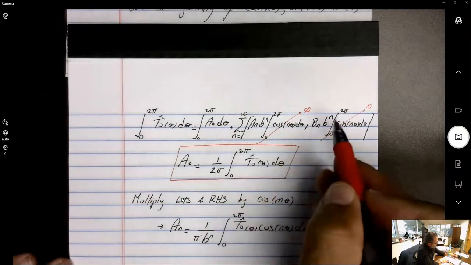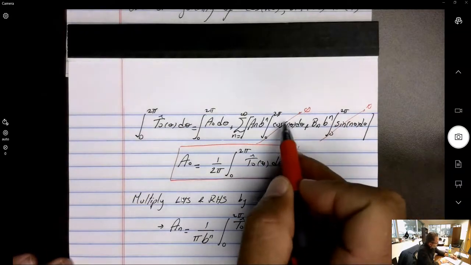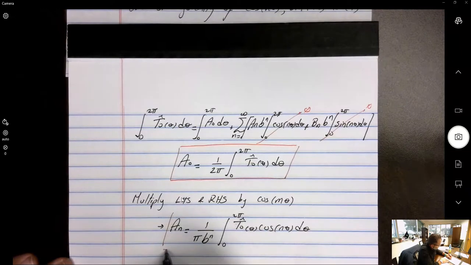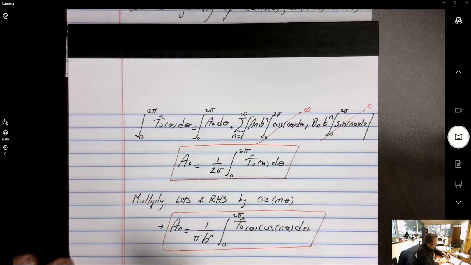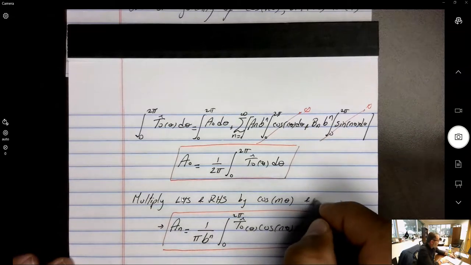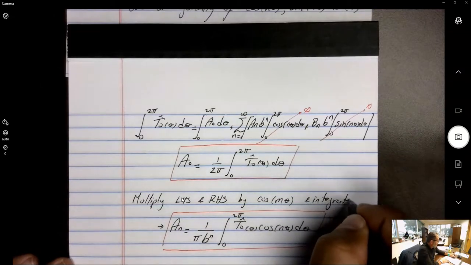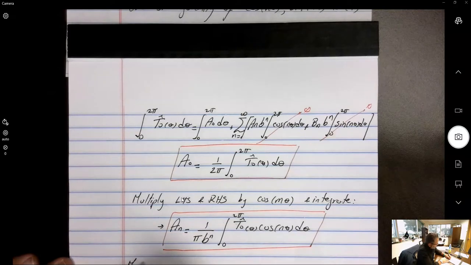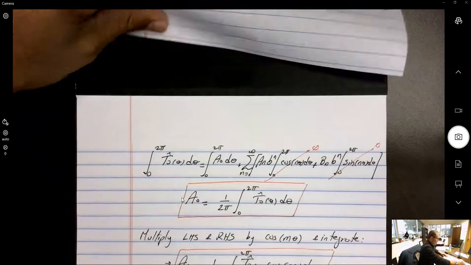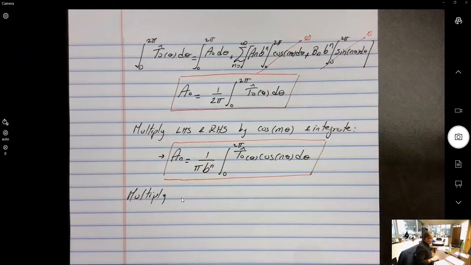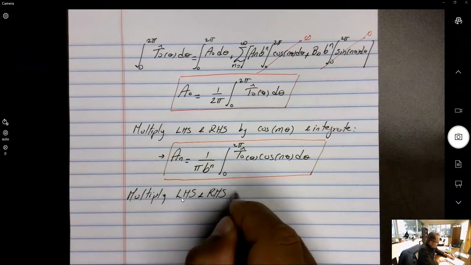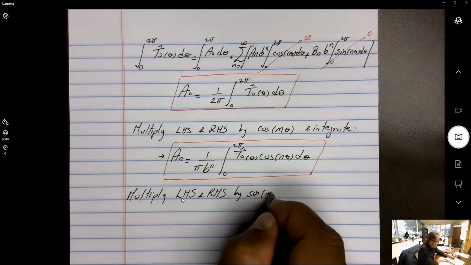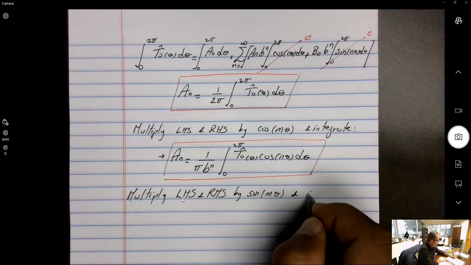This one will go away, this one will go away, the only one that will remain is the cosine squared, and there's the answer for an. Likewise, multiply and integrate. Then multiply left hand side and right hand side by the sine of n theta and integrate.